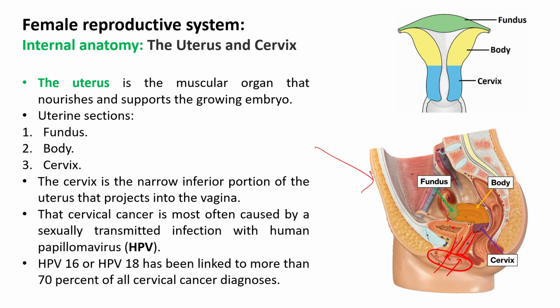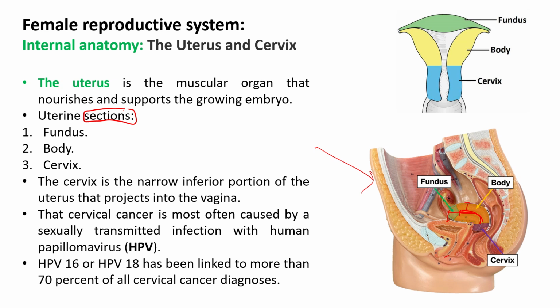The next thing that we need to know is that the uterus has sections, and you need to remember sections versus layers or wall layers, the thickness of the uterus. The uterus is a hollow organ, meaning that in the center is where the uterine cavity is located. So this is the wall, the thickness of the uterus.